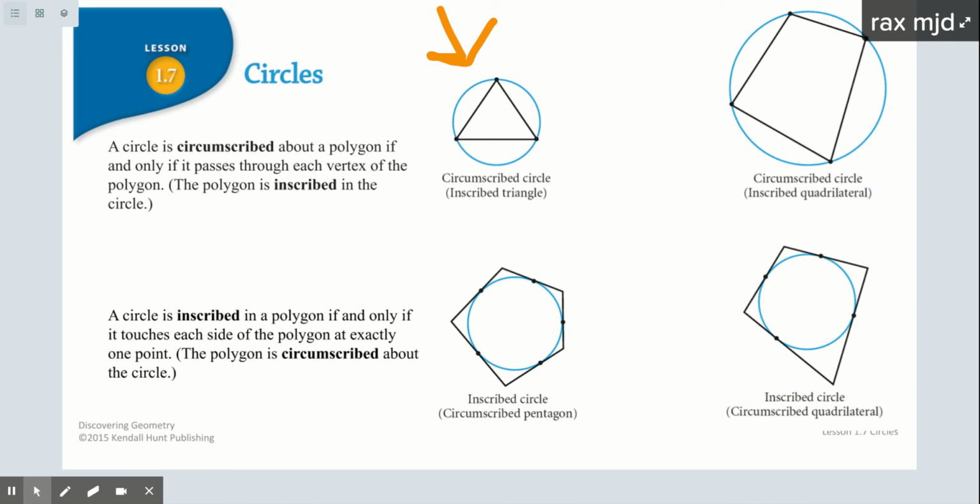If I was going to talk about the triangle first, I would say the triangle is inscribed in the circle. So they can be used either way, depending on which one you're going to start to talk about. But it's important that you know those two terms and we talk about them a lot. So circumscribed means it's on the outside, and inscribed means it's on the inside.